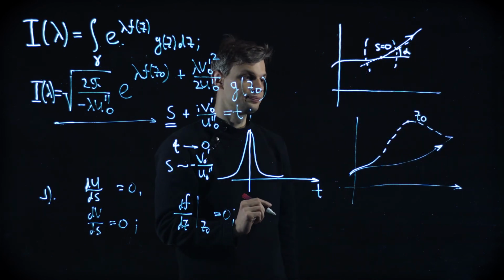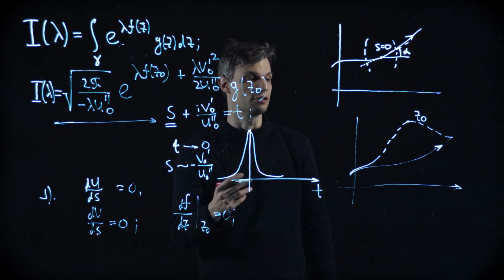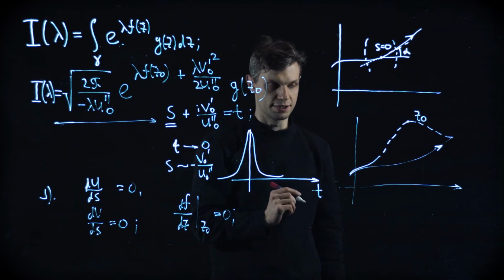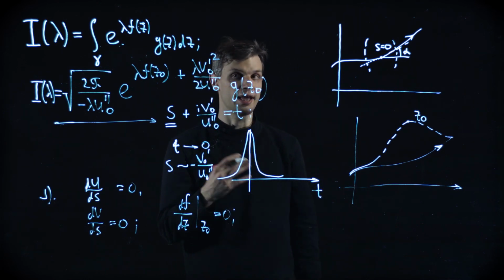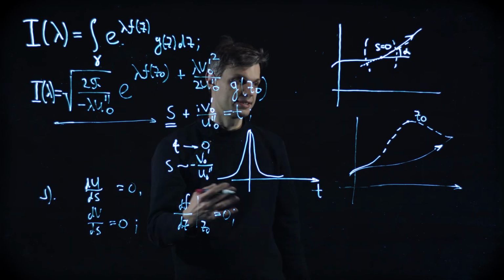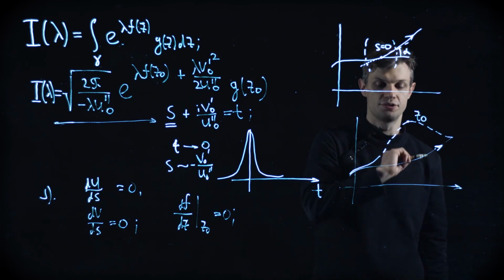And as you remember, all critical points of analytic complex valued functions are saddle points. There are no maxima or minima, just saddles. Hence the name of the method, saddle point approximation. So we'll deform the contour so it passes through the saddle.